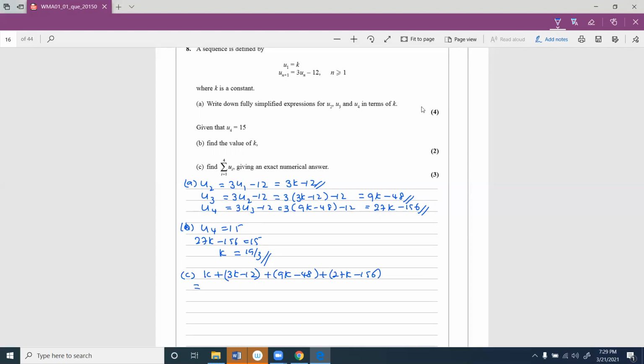That is 41k, minus 12 minus 48 minus 156, that is minus 260. Then we already know the k value is 19 over 3. So 41 times 19 over 3 minus 260.